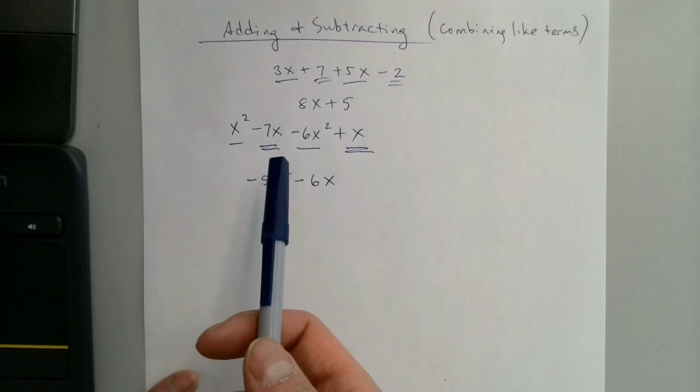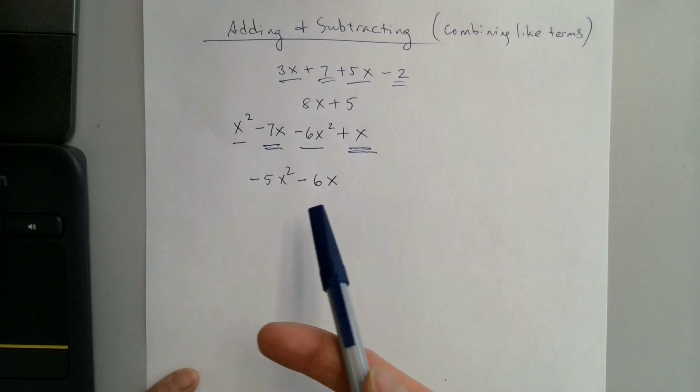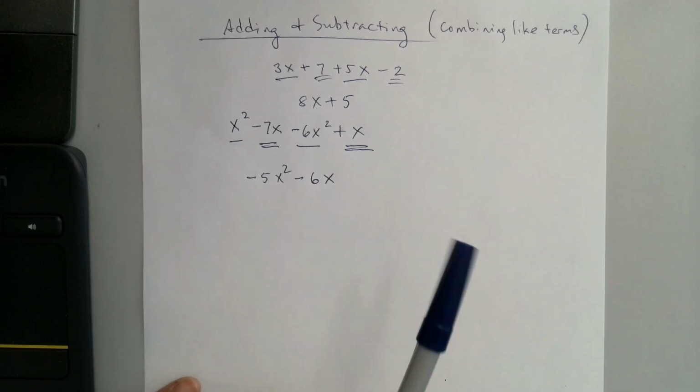Now sometimes, as you saw in the long polynomial earlier, there are terms in a polynomial that have two variables.